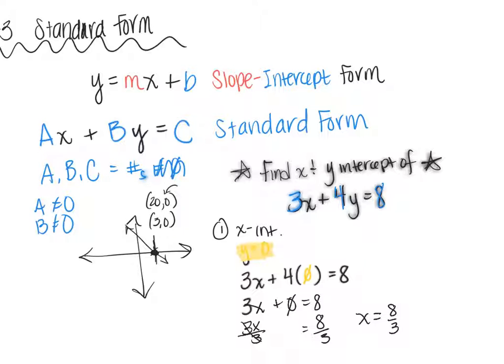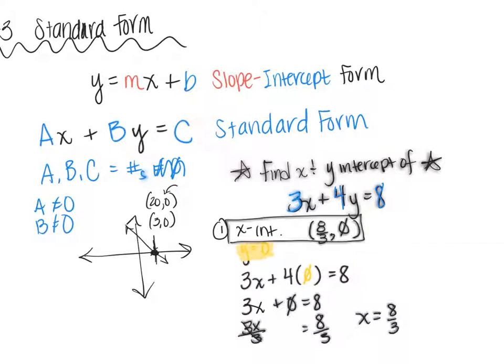In this case, it means that my graph, my x-intercept, is x is 8/3. So I could write that as a coordinate as 8/3, comma, 0, because the x-intercept is when y is 0.